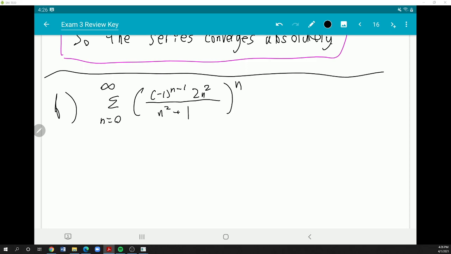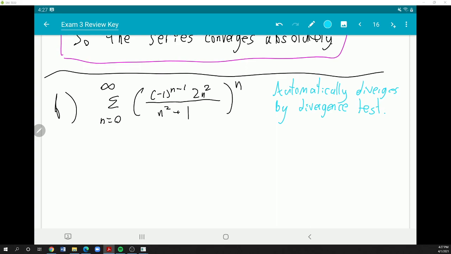So first thing I'm going to note is I can tell these terms don't even go to 0, so it automatically diverges. So I'm going to write that in blue. Automatically diverges just by the divergence test.